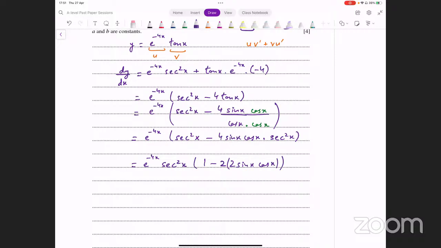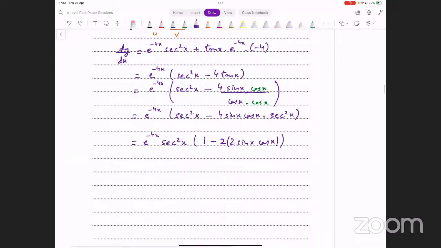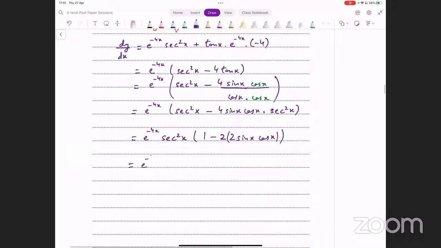We can do that, right? 4 sin x cos x, मैंने 4 को ब्रेक कर दिया 2 into 2 में, so it becomes 2 into 2 sin x cos x। And now we have e raised to power minus 4x into secant square x into 1 minus 2, and this thing is sine of 2x. So it becomes 1 minus 2 sine 2x. That is what dy over dx turns out to be.